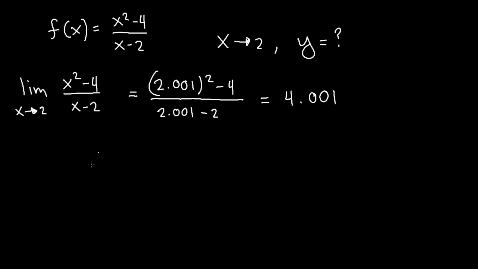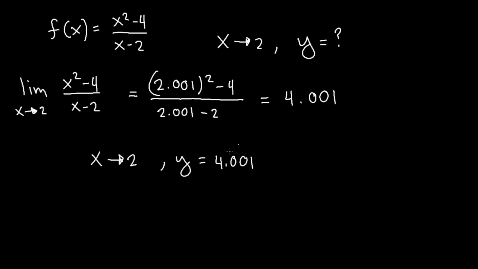Meaning, as your x approaches 2, which is 2.001 close to 2, your y is 4.001. So therefore, you can conclude that as x approaches 2, your y is 4.